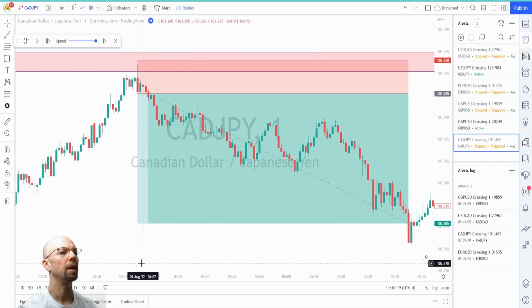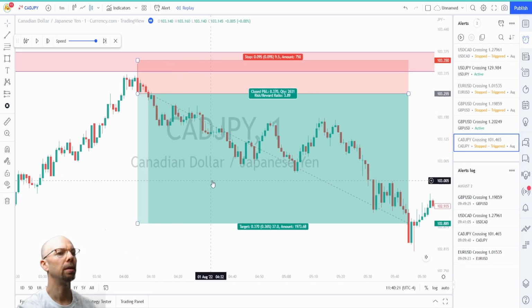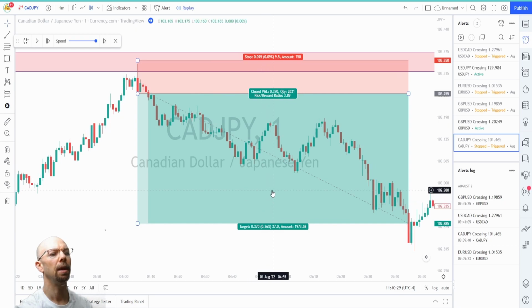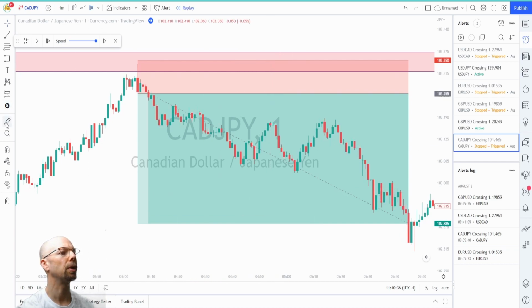Now, if you would have done that, you still wouldn't have been stopped out. You can see that it never came back, even if you moved everything to break even. And the risk to reward was 3.89. So, nice trade.